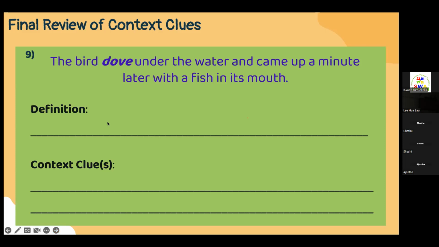Okay, definition and context clues. Does anybody know what dove means? It's a bit difficult. Can anyone give it a try? What does dove mean?